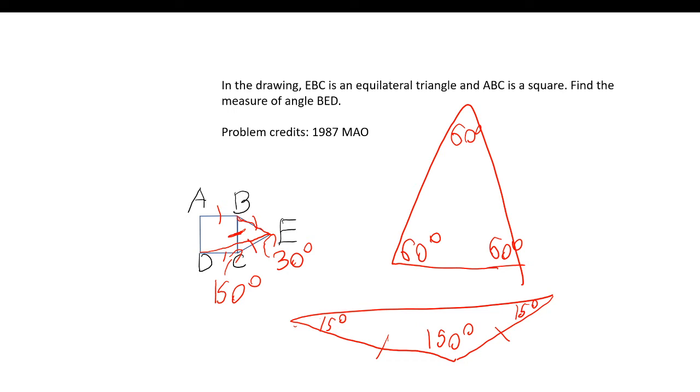Now, we can look at our diagram, and I'm going to erase all this mess since it's way cleaner over here. We know that we're trying to find BED. We have a triangle over here.